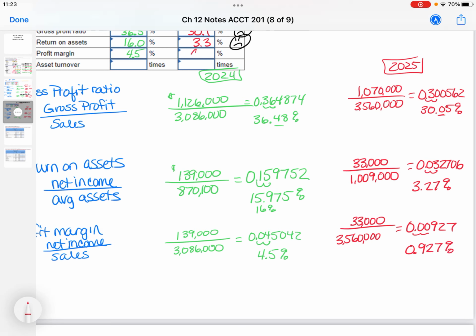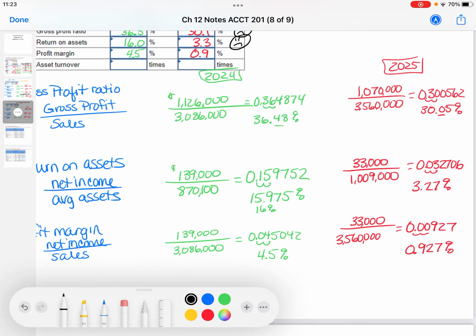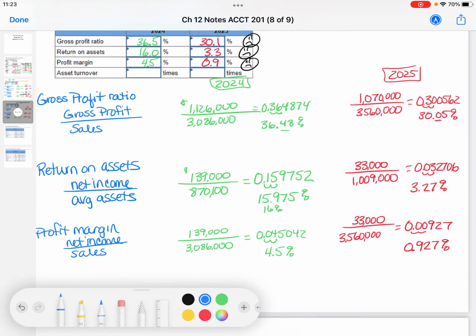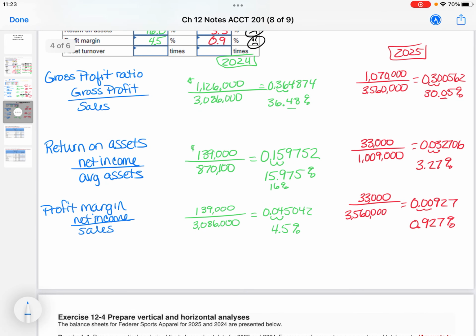So when we round it to one decimal place, it's 0.9%. That's terrible. That's not even a penny that you're coming back with. Every $1 sale, you end up with 9/10 of a penny, a portion of a penny. So we kind of already knew that was going to happen, but oh well.